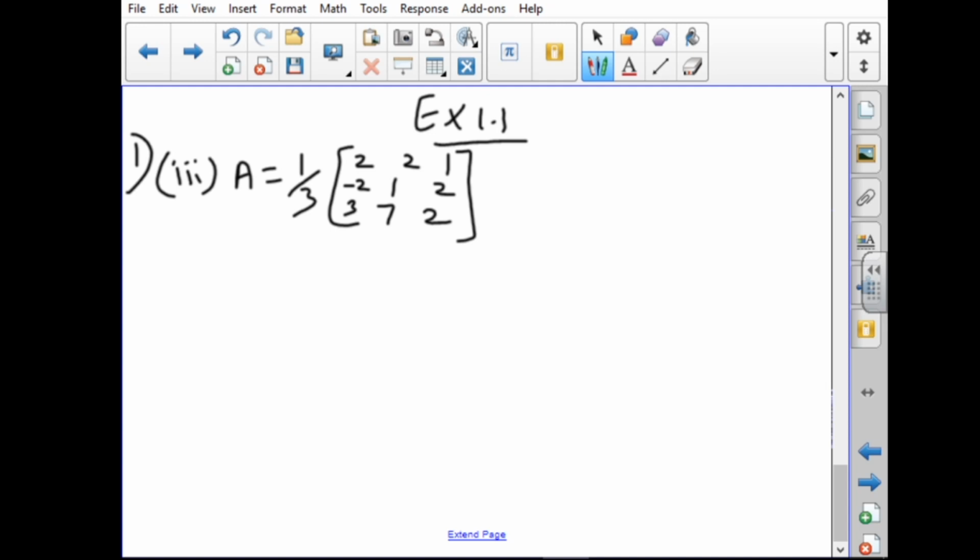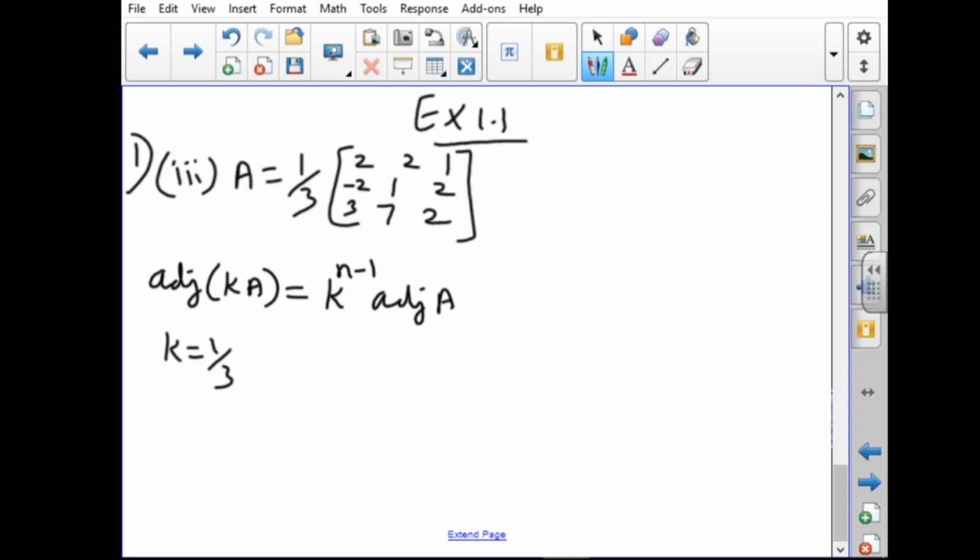So this is A. We know the formula for the adjoint of Ka, where K is a constant: adjoint of Ka is equal to K power n minus 1 into adjoint of A. So here K is 1 by 3. Therefore, we are going to find the adjoint of this.